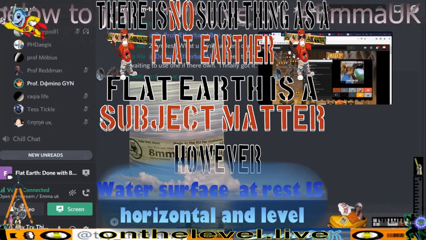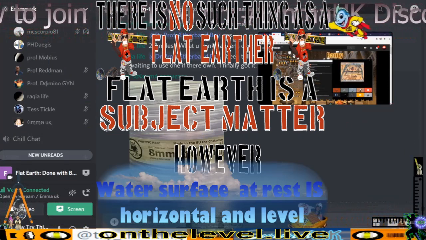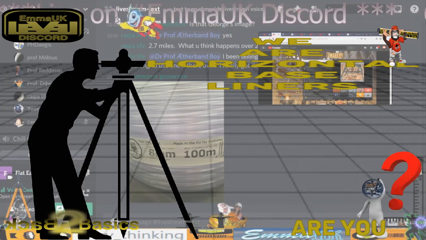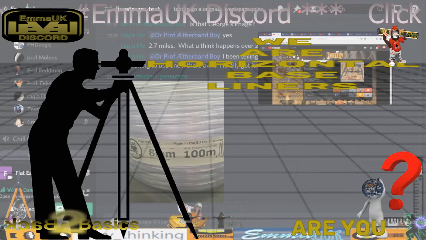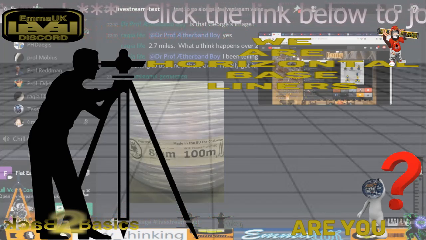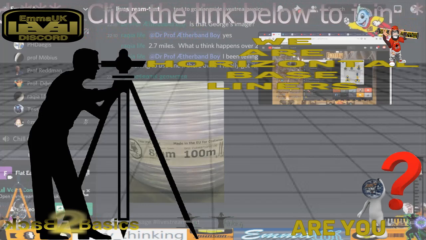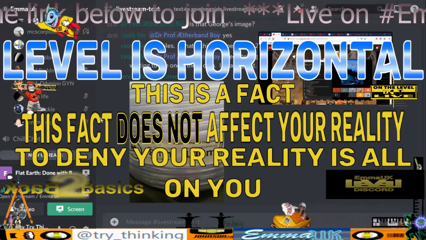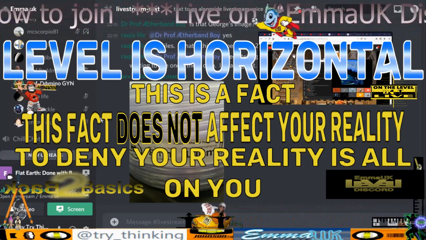So if it was a mile long, let's say we're going to do a test, and we're going to have this tube 1 mile long, and we're going to fill it with water. Would you say that the water level within it is going to be level? Yeah. Right, now, would you also say that one of the ends is going to drop 8 inches lower than the other end? Yes.